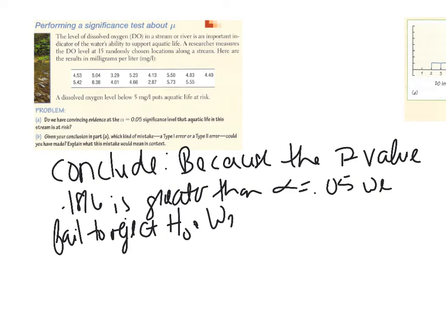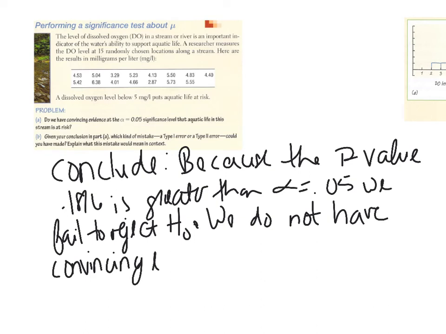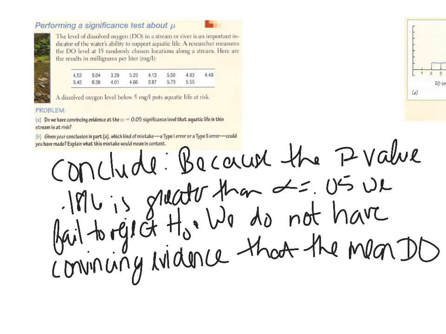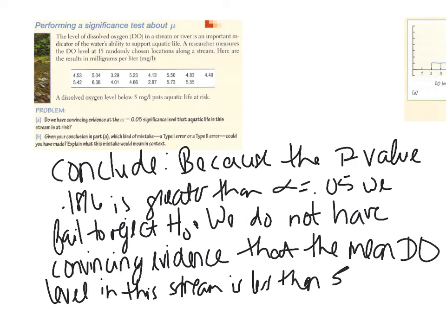In this case, we do not have convincing evidence that the mean dissolved oxygen level in this particular stream is less than 5 milligrams per liter.